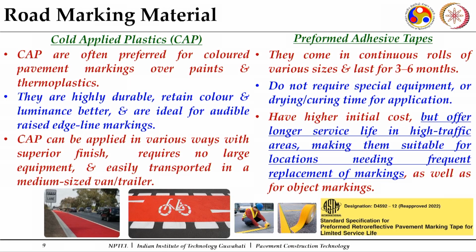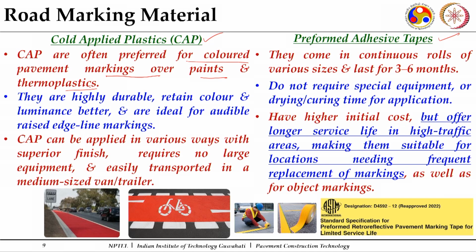Now, two specific categories: one is cold applied plastics, we call it CAP, and the other is preformed adhesive tapes. These are two specific categories mainly used for specific purposes. Cold applied plastics are often preferred for colored pavement markings over paints and thermoplastics.